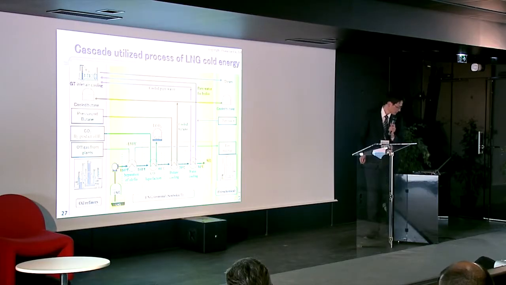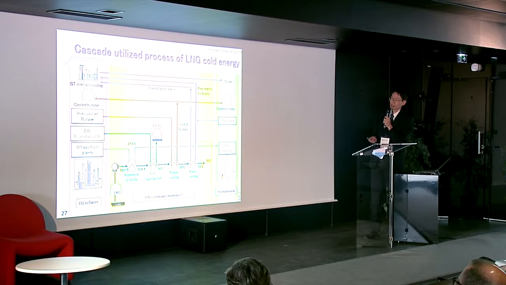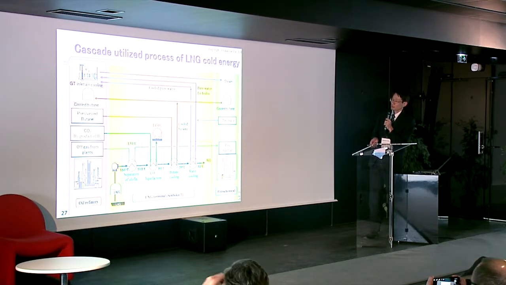Next one is the cryogenic utilizing cascade process. At the energy terminal, we have such kinds of facilities: CO2 liquefaction, butane cooling, and water cooling.